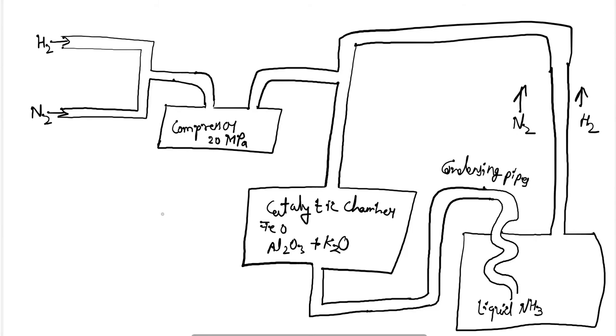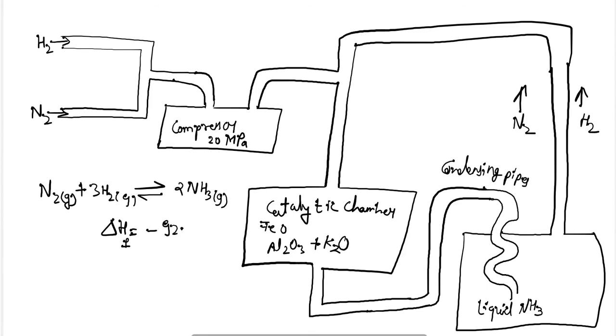So what is the reaction here? The chemical reaction which takes place is N2 gas plus 3H2 gas gives 2NH3, and here the heat of formation is minus 92.2 kilojoule per mole.